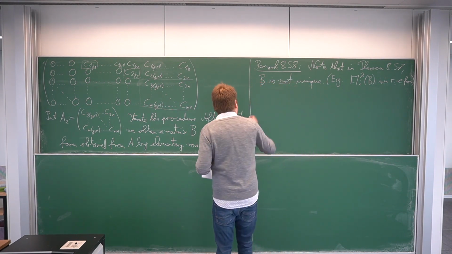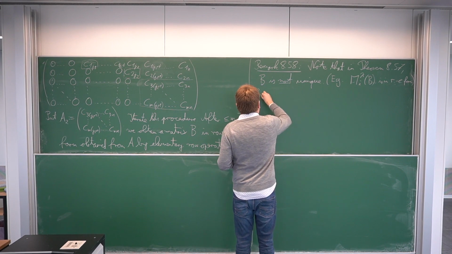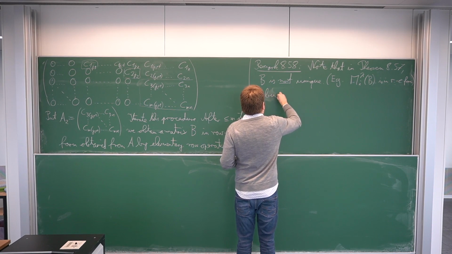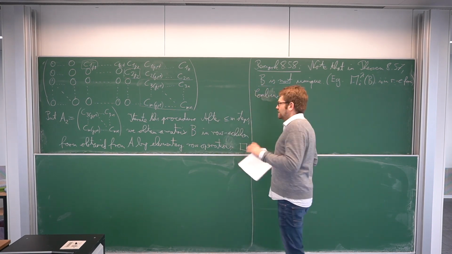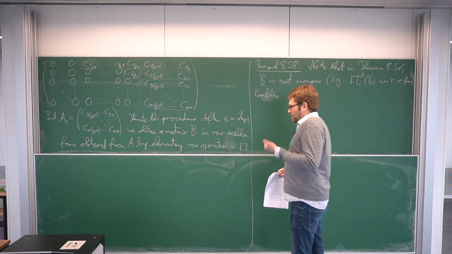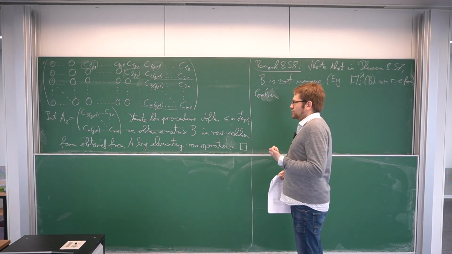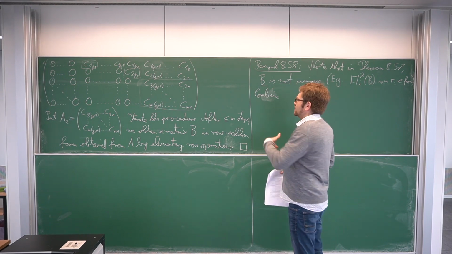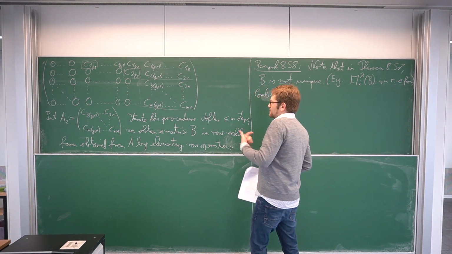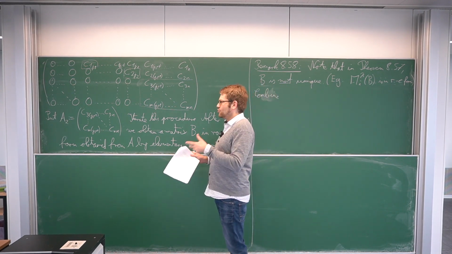Now, what we want to do, and this is what we have been meaning to do in the subsection all the time, is to combine the previous results to get a method of how to determine the rank of a matrix. We've seen the rank of a matrix in row echelon form is obvious, and we can bring everything into row echelon form by elementary row operations, and row operations don't change the rank.